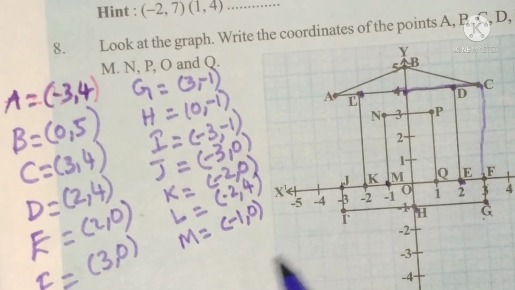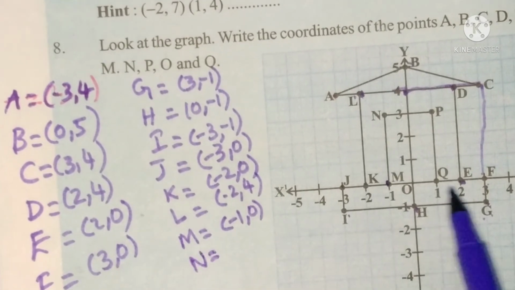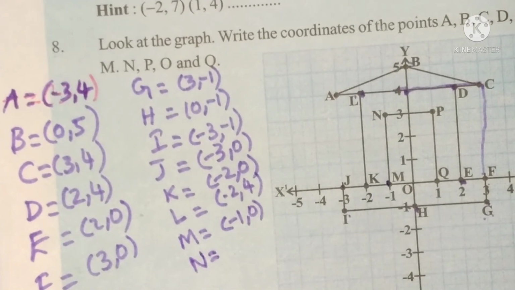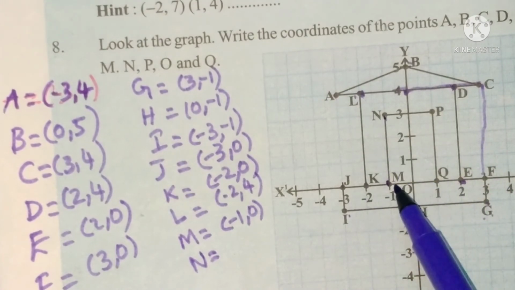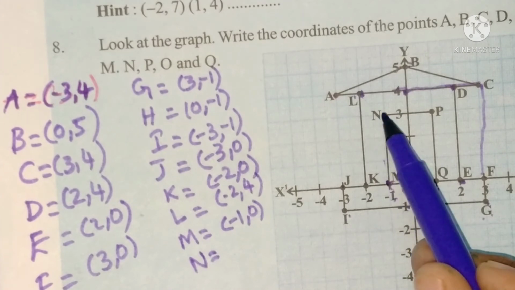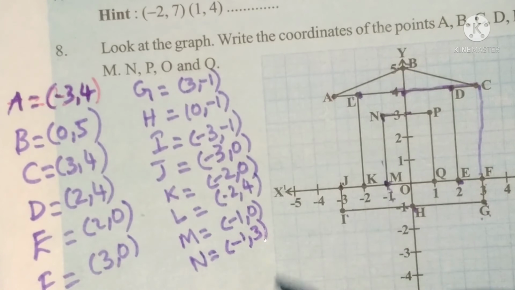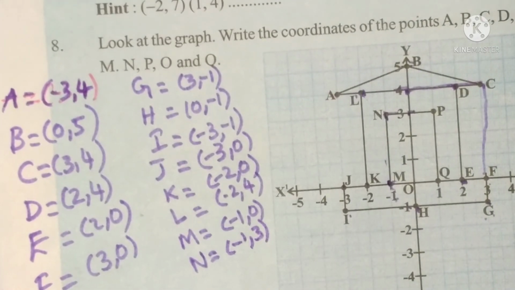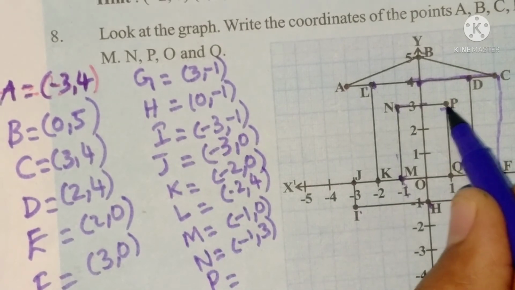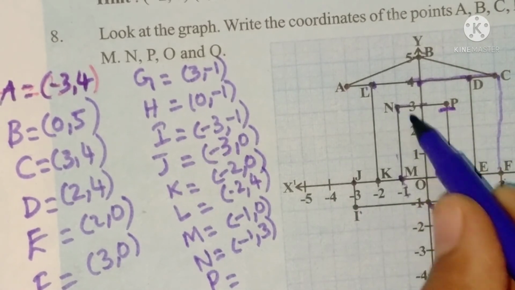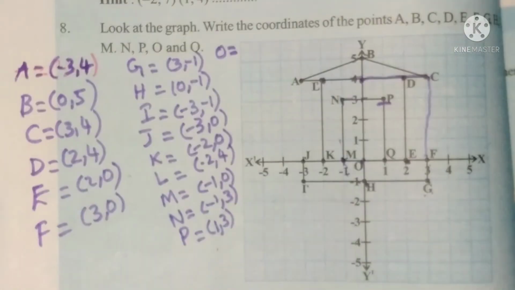Are you understanding, students? Next N. See. Here is N. Okay. So this is minus 1 and this is 3. So minus 1 comma 3. Okay. So P, here is P, 1 3. So P equals to 1 comma 3.